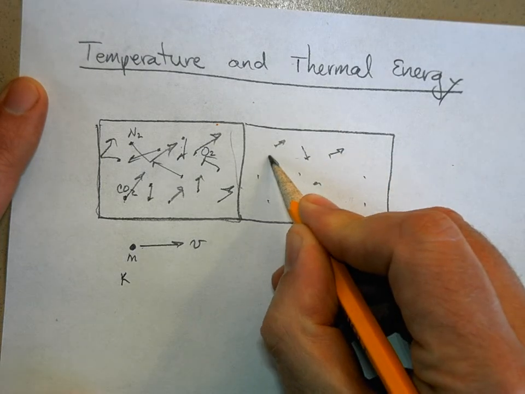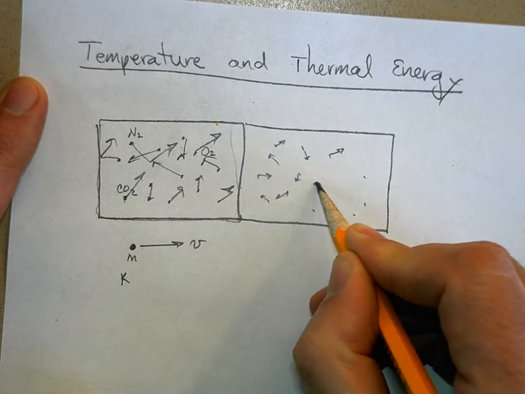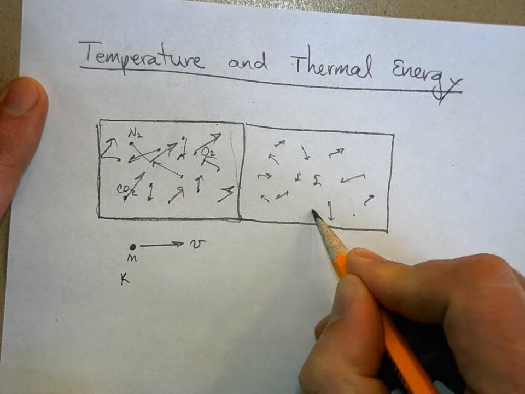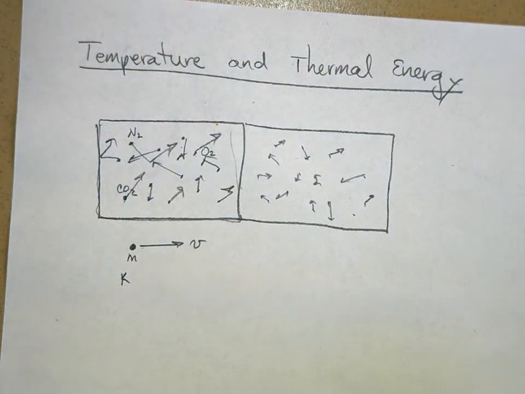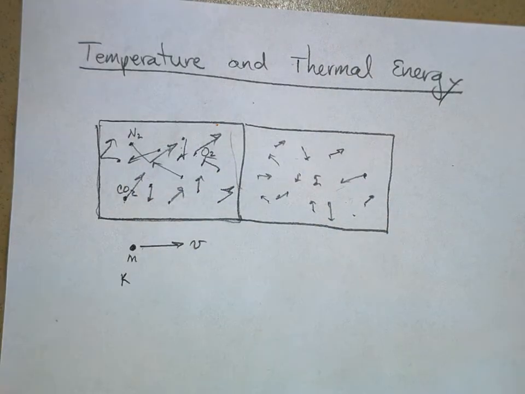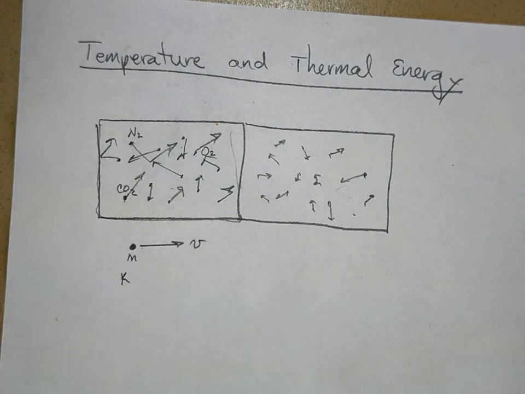If they're not moving as fast, what does that mean is true about their kinetic energy? When I say they're not moving as fast, I mean on average. If I look at this individual one right here, maybe it's moving pretty fast, maybe as fast as the average one of these. But because thermodynamics deals with molecules and atoms on a massive scale, on lots and lots of them, we look at averages.